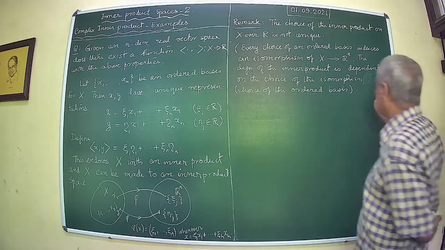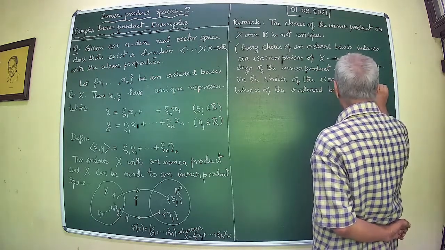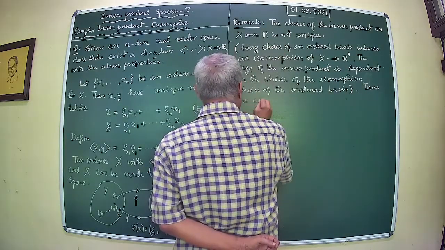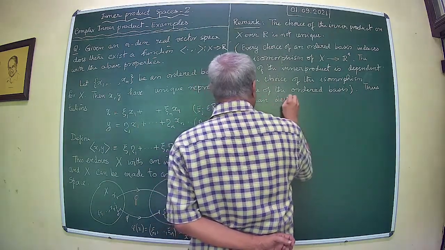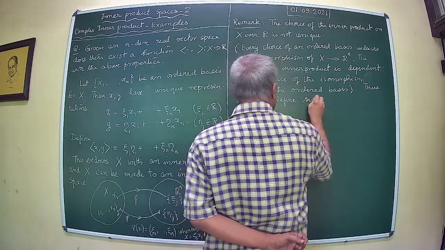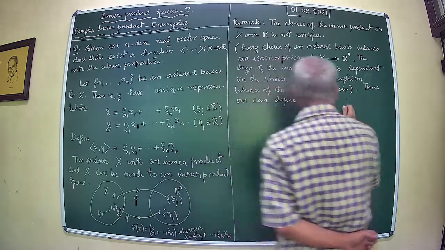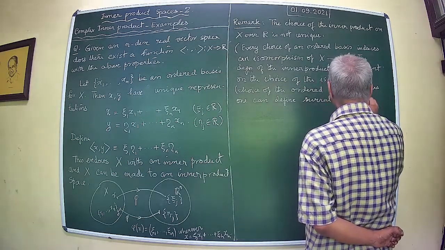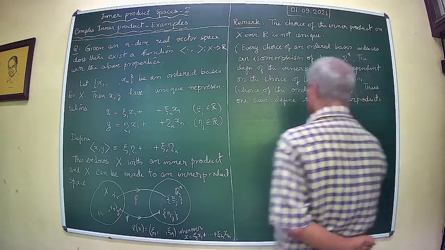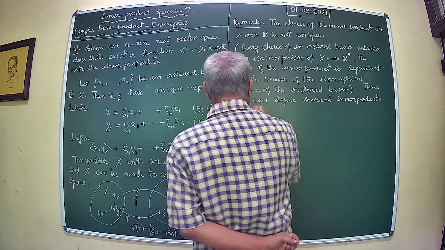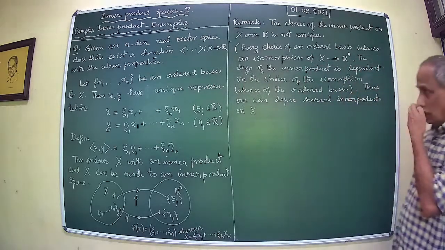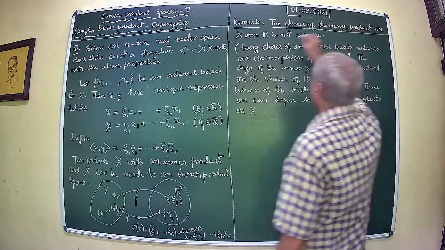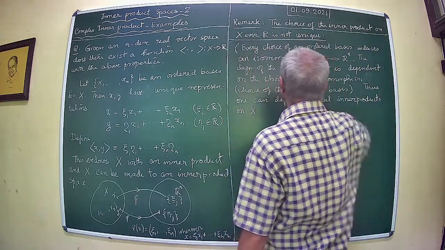Okay? One can define several, so that's an important thing. The choice of the inner product on X over R is not unique.